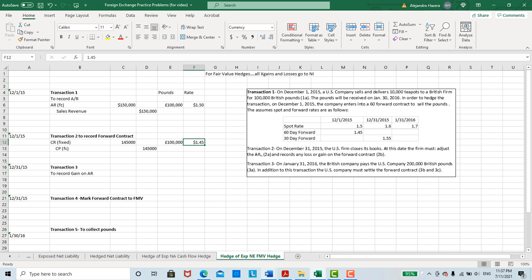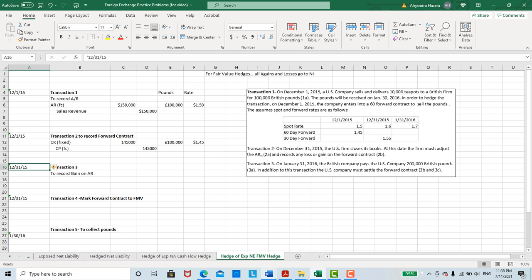You're getting a nickel less for each one than the current spot rate, so it does come down to expense. The hedge cleans itself out, cancels itself out, and only the discount in this case will be an expense at the end.